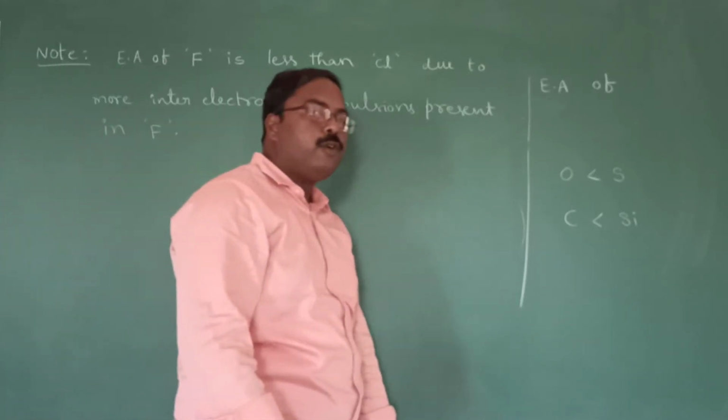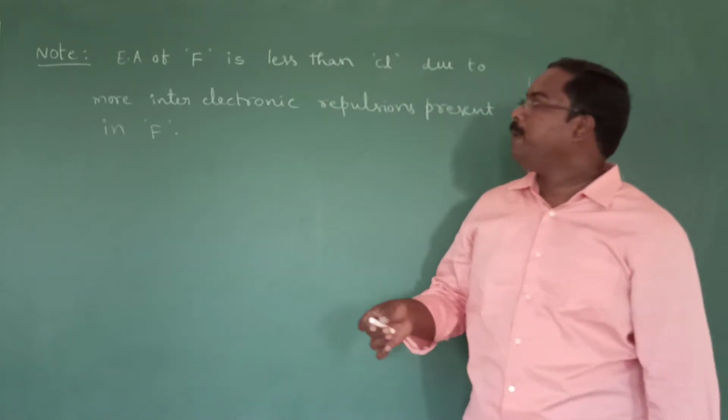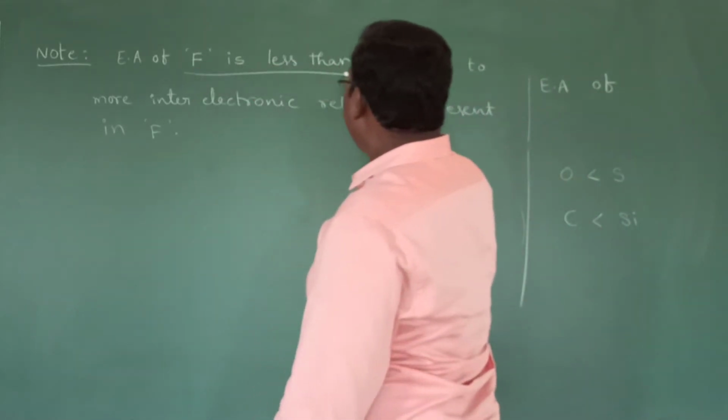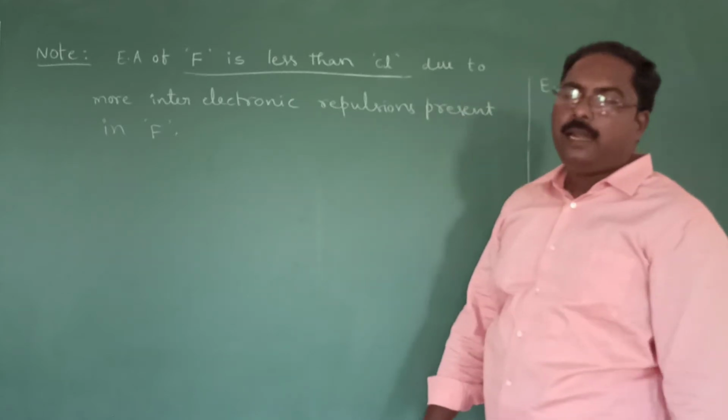Okay? So in case of fluorine, there will be more inter-electronic repulsions. That is why the electron affinity of fluorine is less than chlorine.